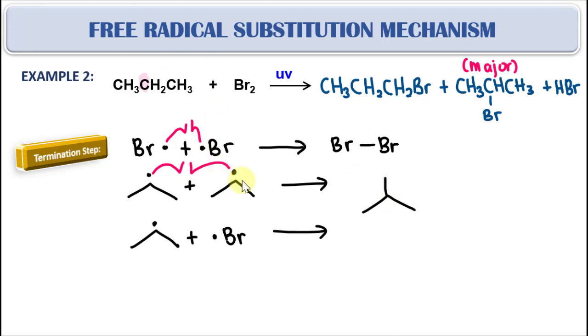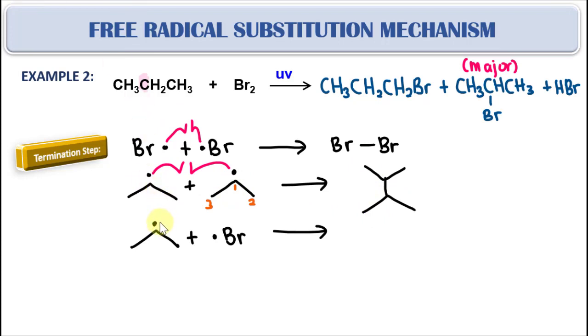If you label it, since the bonding will form from this carbon, let's say we label it as 1 and then 2 and then this one is 3. So we know that the one that is bonded to this carbon is the first carbon, and then we have the second carbon, and then the third carbon is beside the first carbon. So this is the product from the combination of these radicals.